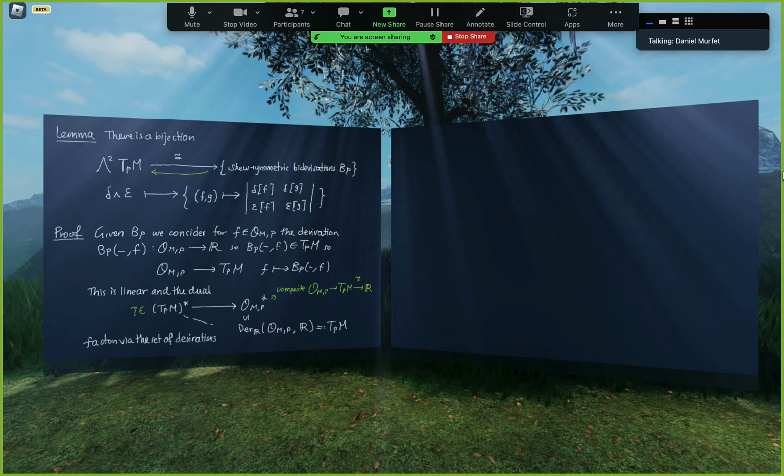And I claim that this map, which is the dual of the map which I've defined for you, factors through that subspace of derivations. Why?